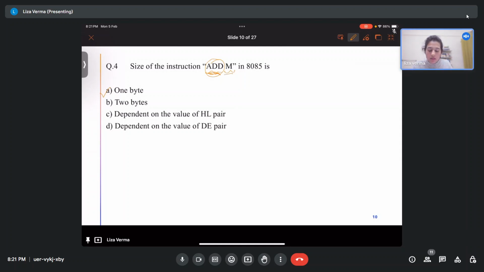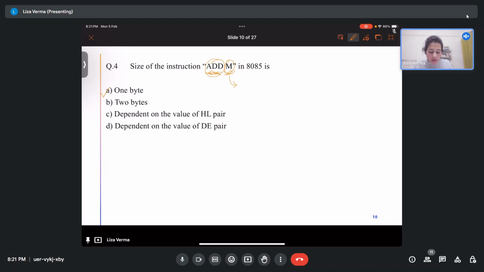That M is referring to the address of the location from where data is to be retrieved, because some people were saying the size is 2 bytes. They might be confused because M is used here.